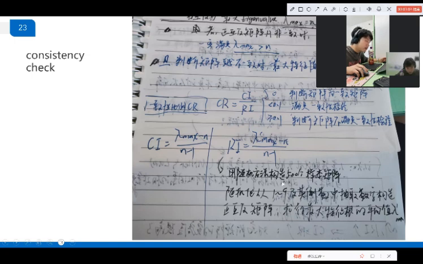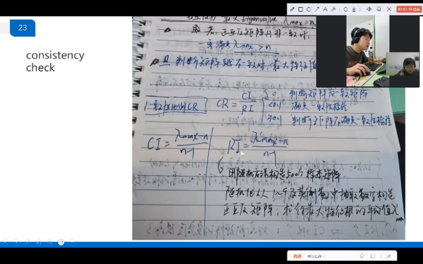We randomly form many sample matrices, randomly choosing numbers from 1 to 9 and their reciprocals, and we calculate their eigenvalues, find the biggest eigenvalues, and calculate the average of the biggest eigenvalues. Then we get lambda max prime.